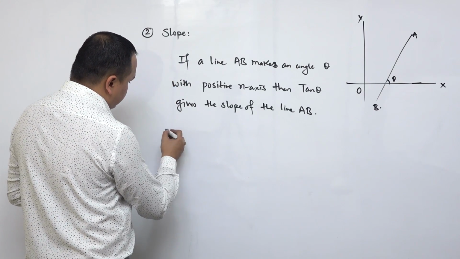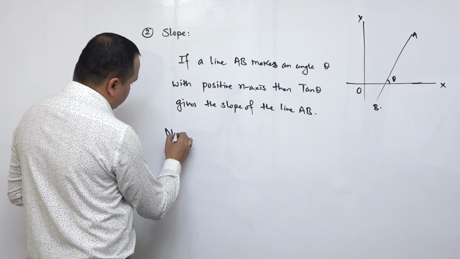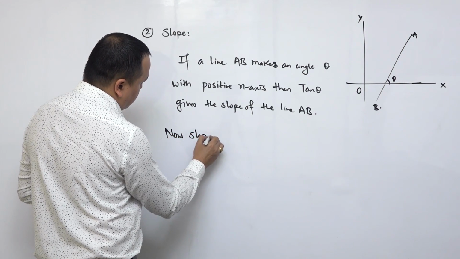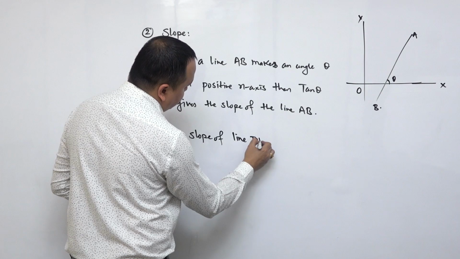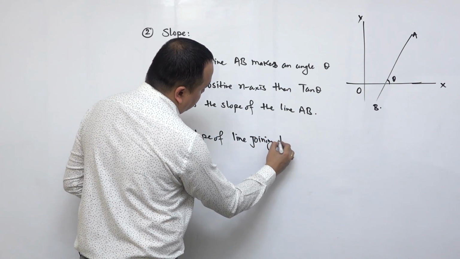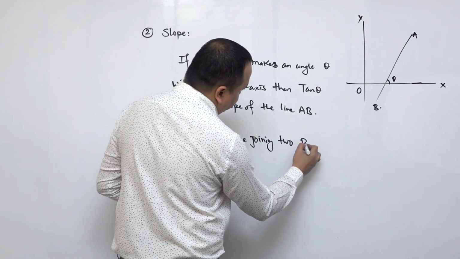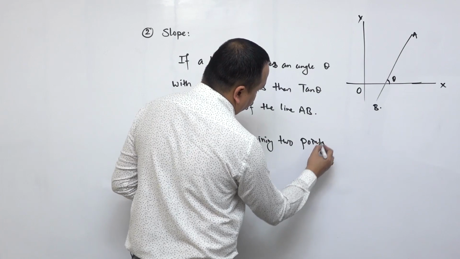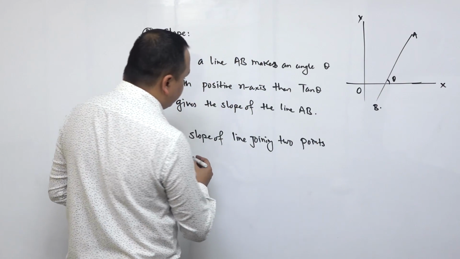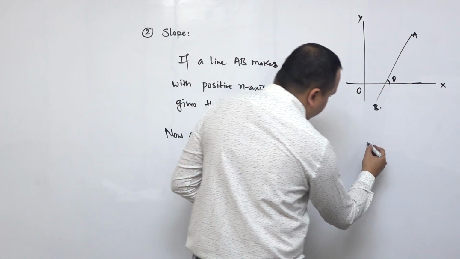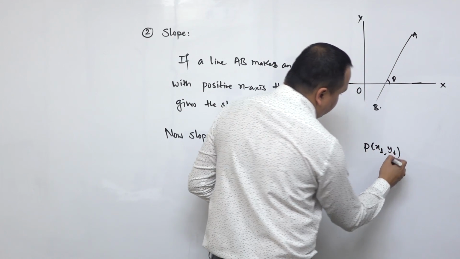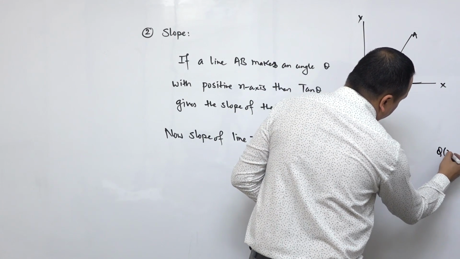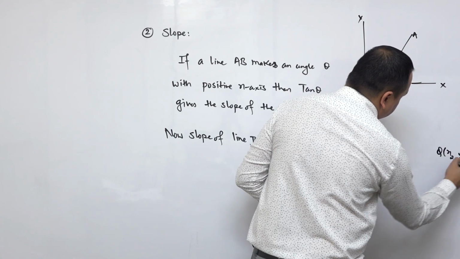Now slope of line joining two points. Slope of the line joining two points P(x1, y1) and Q(x2, y2).